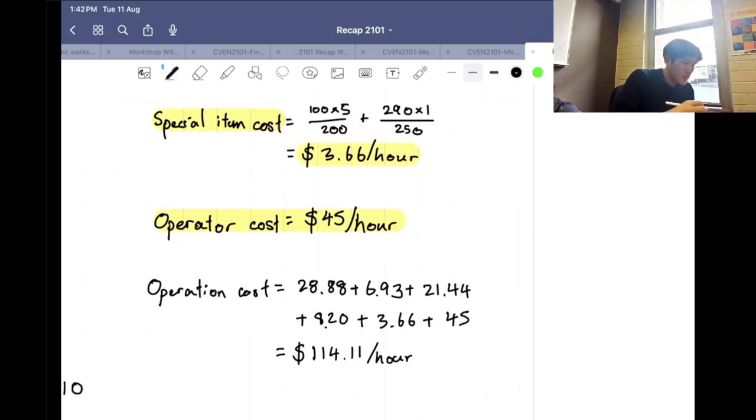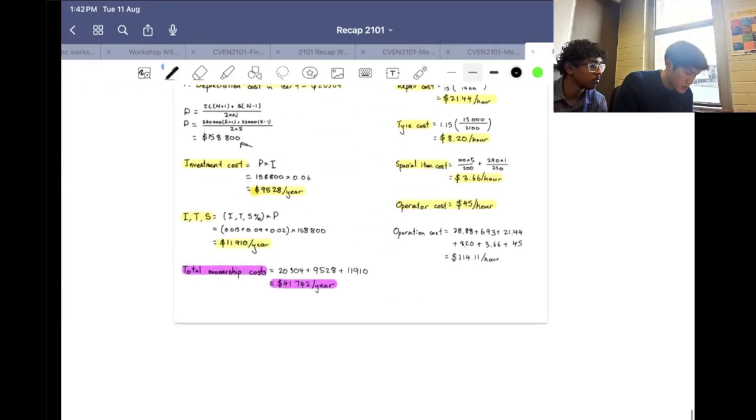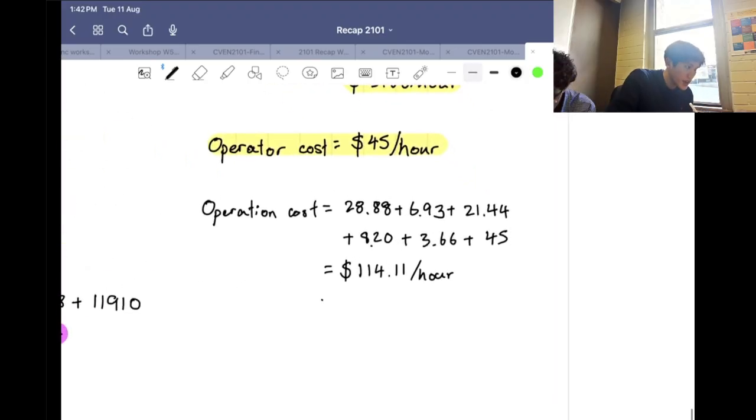And then you just need to convert it to, wait, why not convert it to this? I think I converted to, yeah, you convert it to per year, so you just times by 24 to get it in days and 365 to get it in years.